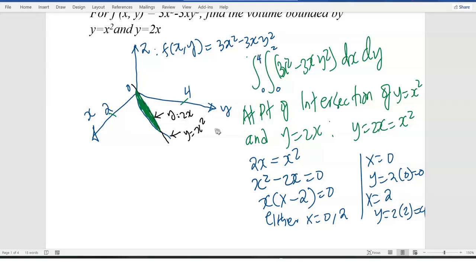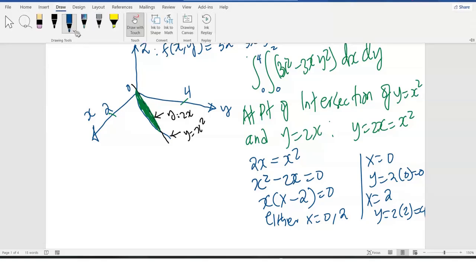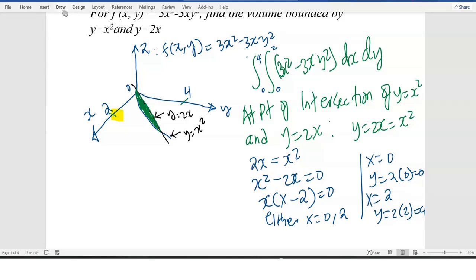But if we integrate that, we are going to be dealing with this whole region, which is not what we are interested in. We are interested in a solid that is going to be around here. We are talking about this.